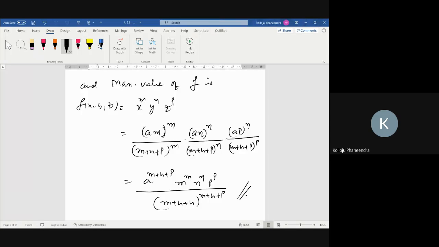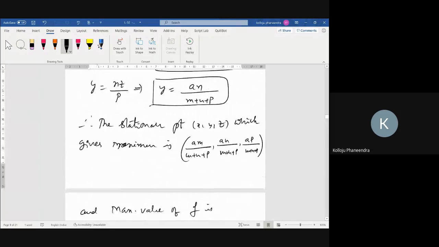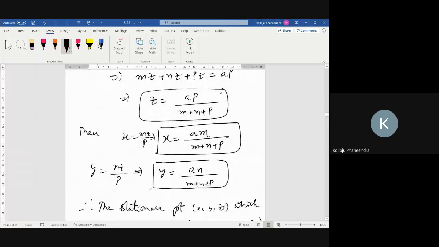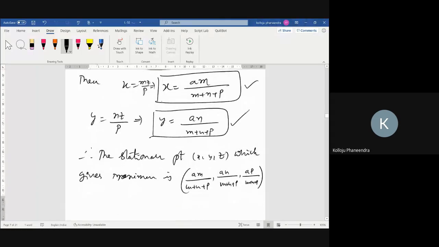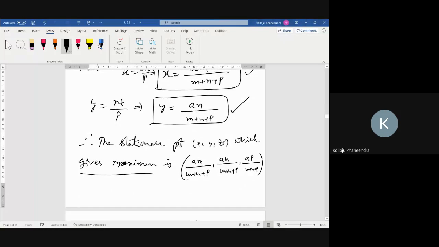Okay, and remember one thing. Just after solving, we are getting the points x, y, z. After getting x, y, z, immediately we are declaring that it gives maximum. As per the question, find the maximum value. Directly, after getting this x, y, z, we are taking this point as giving maximum.